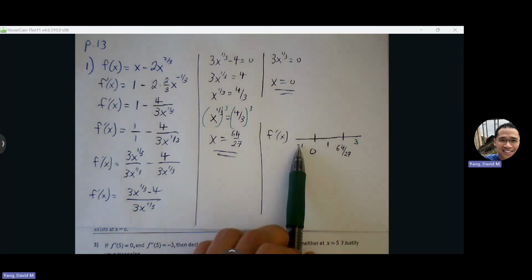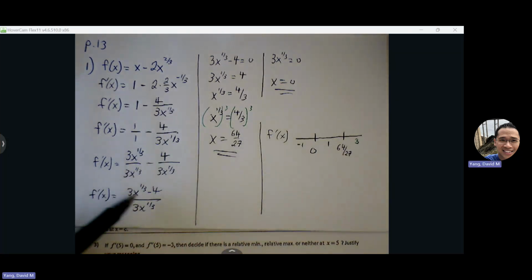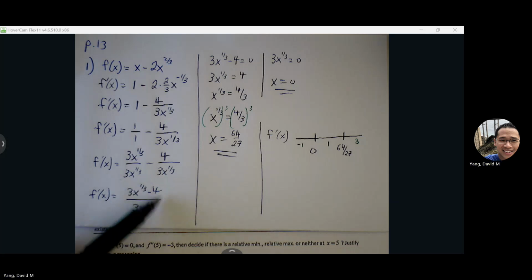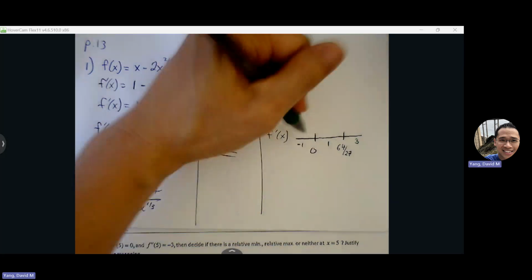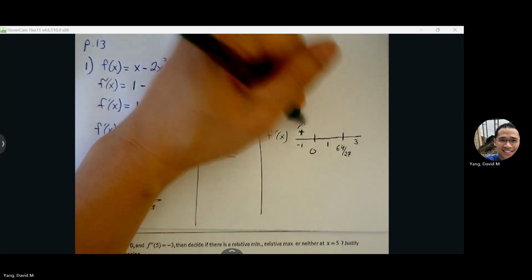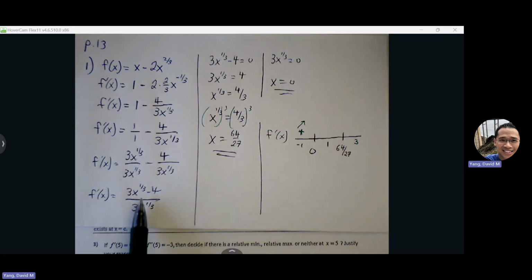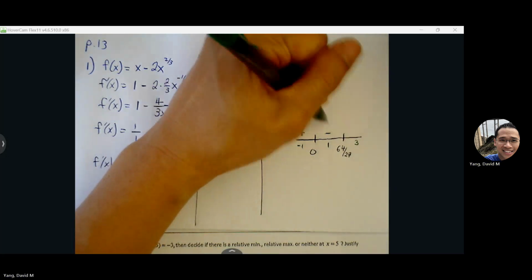So if I test -1 into my derivative function, I'll get a negative over a negative, which is positive. I plug 1 into the derivative. 3 minus 4 is negative. Negative over a positive is negative.